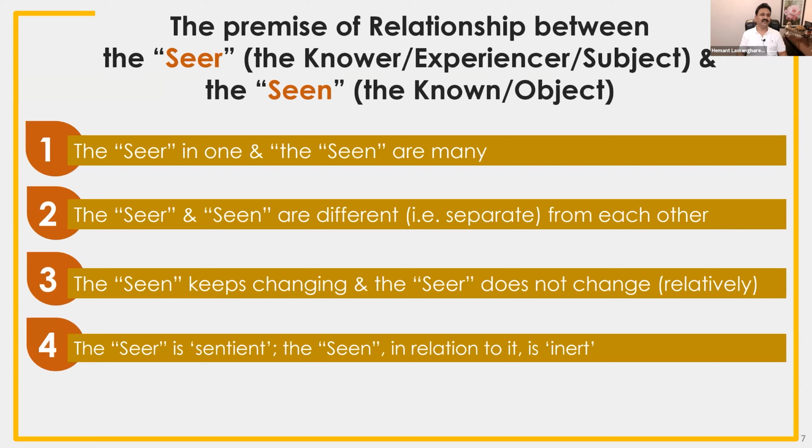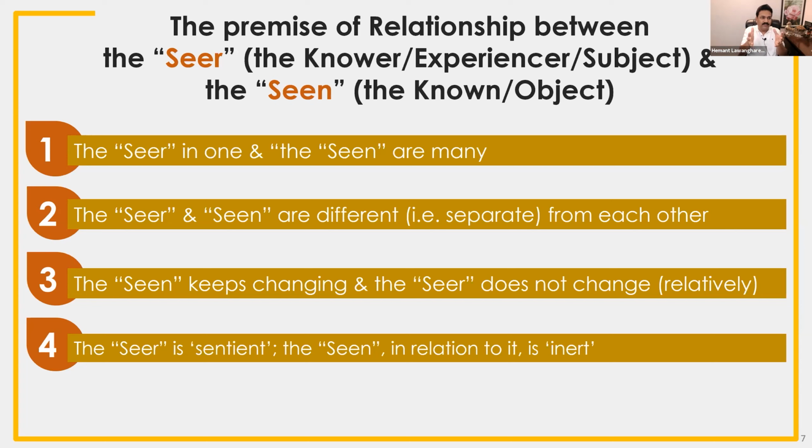They are not sentient. They do not have feelings on their own. So what is the condition? The seer is sentient. The experiencer is sentient. The knower is sentient, has feelings and emotions. But the things which are being felt, the objects, the known, are not sentient in relation to the seer.